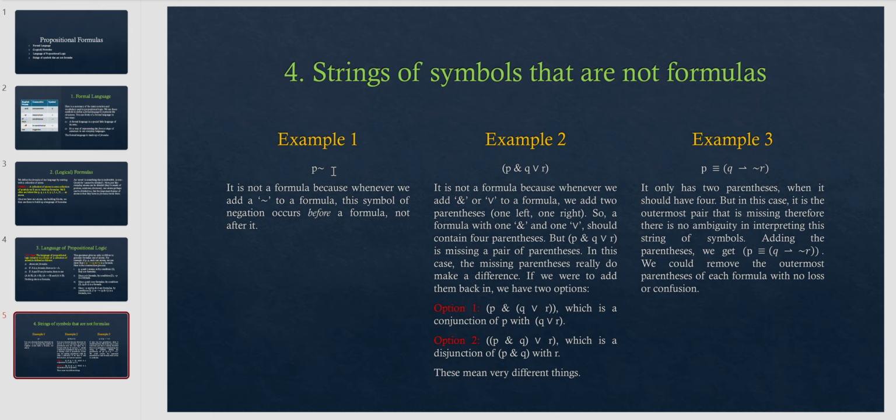However, adding the parentheses, we should write one outermost parenthesis before the P and another after the Q. If Q, then not R. But in any case, we can remember that it is possible to remove the outermost parentheses of each formula with no loss of meaning or confusion.